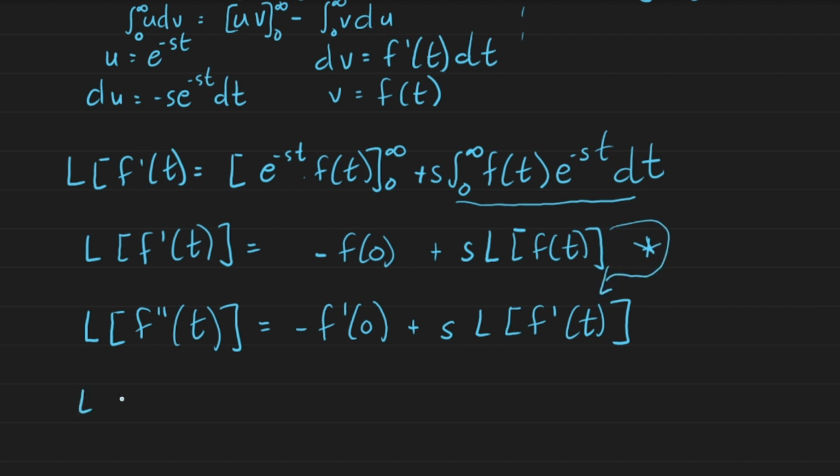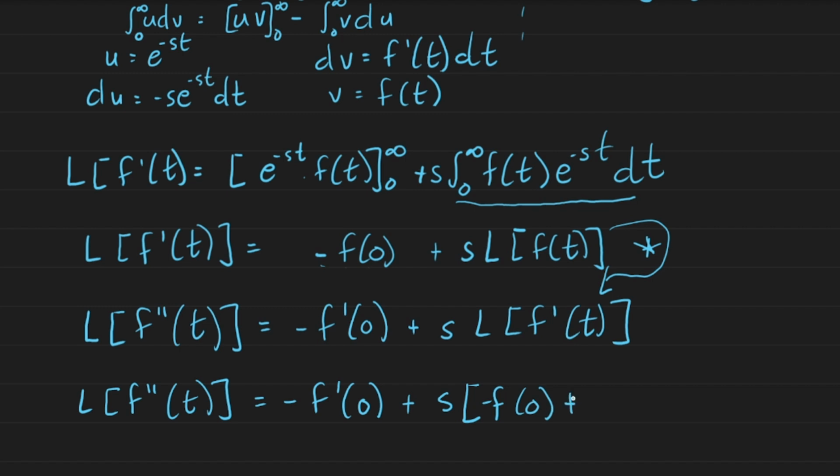When we do that, we get the Laplace transform of the second derivative of t is equal to minus f prime naught plus s into, minus f naught, that's the first term, then plus s times the Laplace transform of f of t.